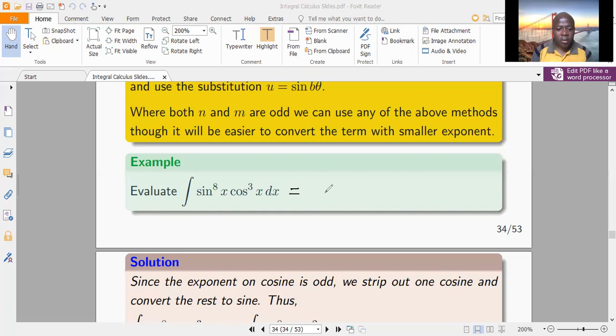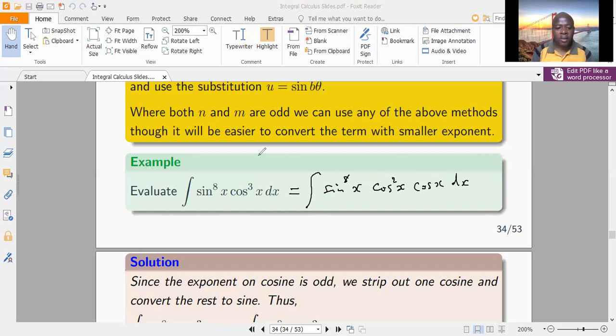So this is what we write. This is the same as sine x raised to 8, cos x raised to 2, and then cos x dx. We've stripped out one cosine, and the remaining cosines we convert to sine.